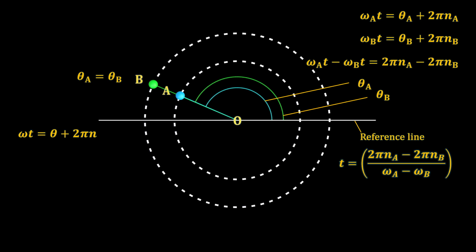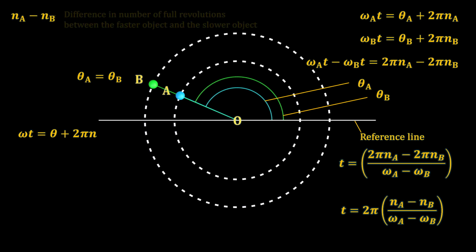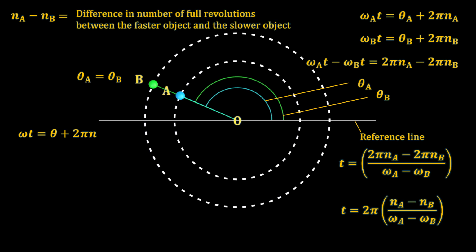Now, if we factor out 2 pi in this equation, then we have t equals 2 pi in brackets NA minus NB over omega A minus omega B. The quantity NA minus NB is simply the difference in the number of full revolutions between the faster object and the slower object.